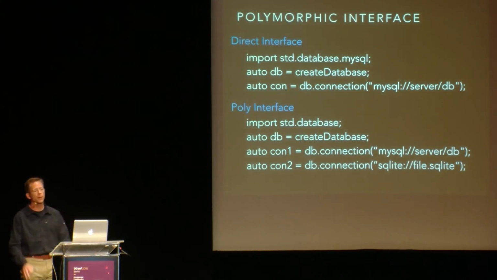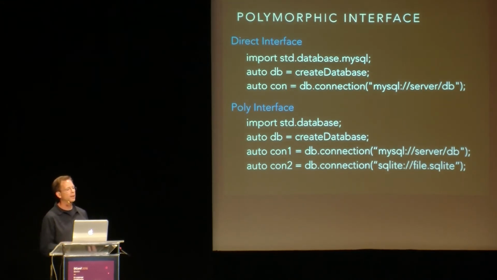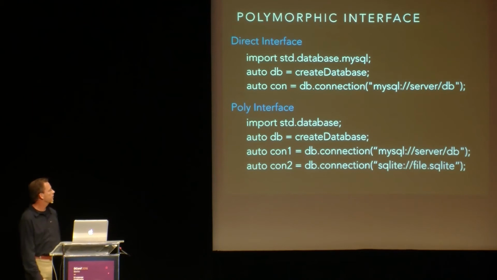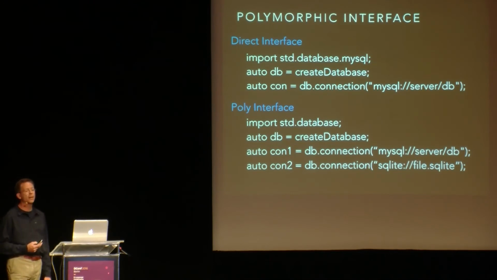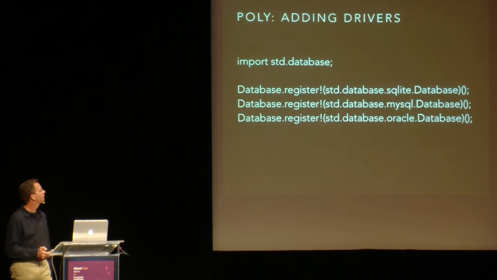Of course, you may have to change other things like your SQL statements, which may be a dialect that works differently in a different database. But the poly interface says you can establish connections for multiple databases and use them. If your application uses multiple databases, or you want to be able to configure at runtime or within configuration which database you want to point to, that's what poly is for.